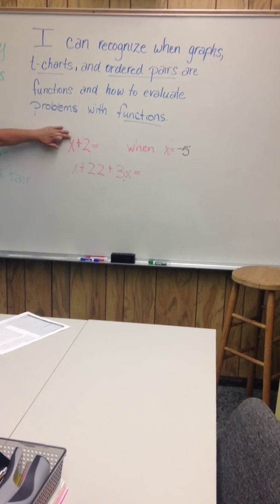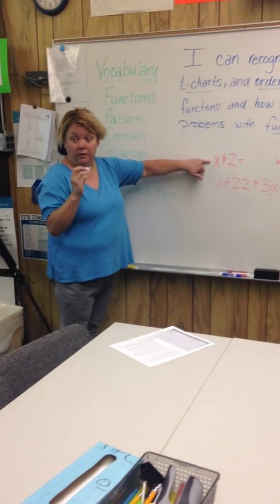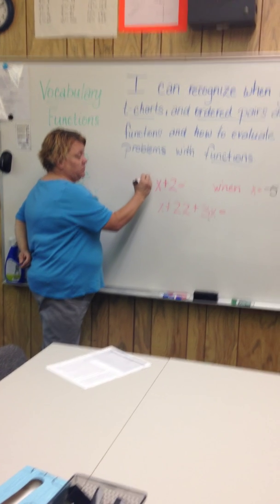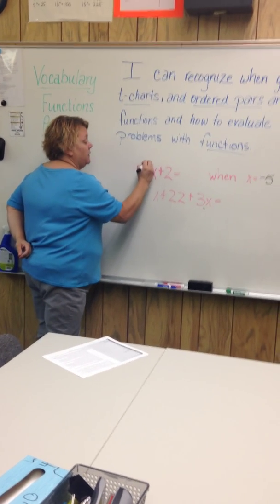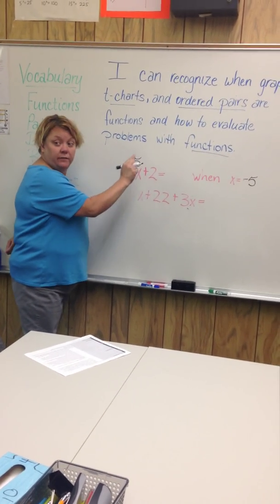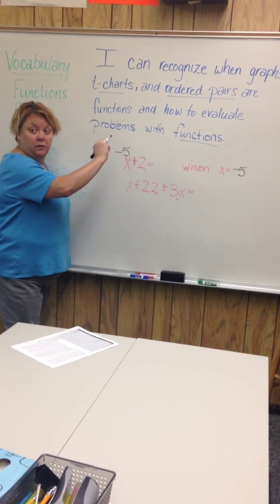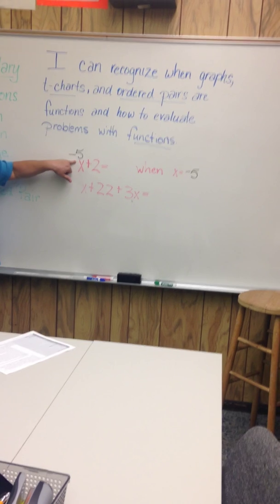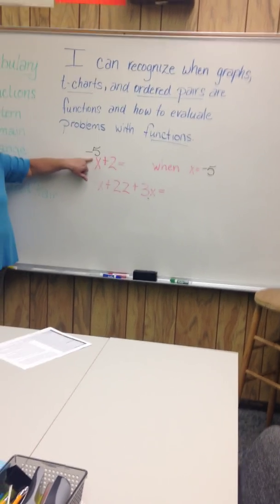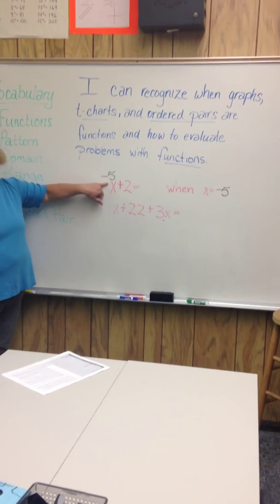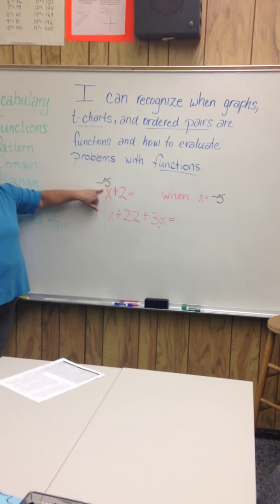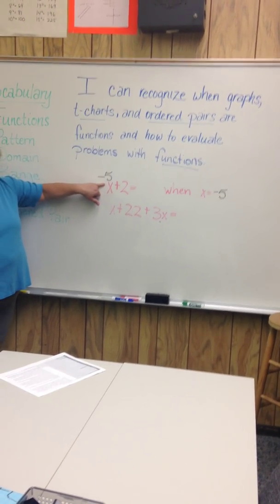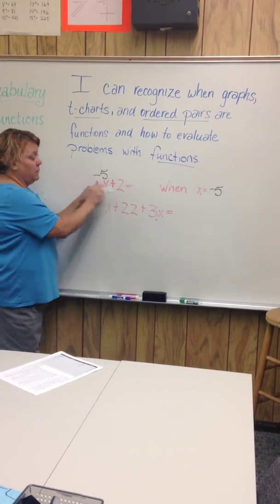First, how do we end up writing x plus 2? Negative 5 plus 2. So what is negative 5 plus 2? It'll be negative 3. You have 5 and you have 2, but you owe 3, so it will be negative 3.